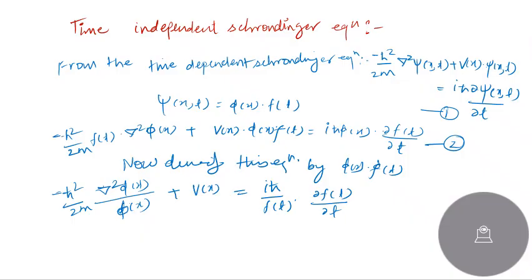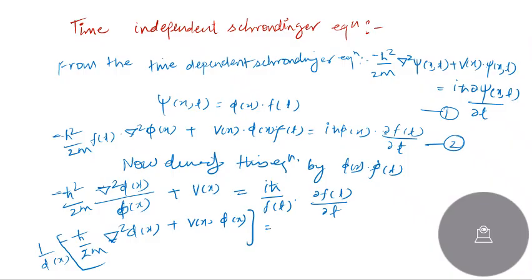Actually we got the separate variables on each side, so we can take common here, phi(x), plus V(x) into phi(x), over h cut.